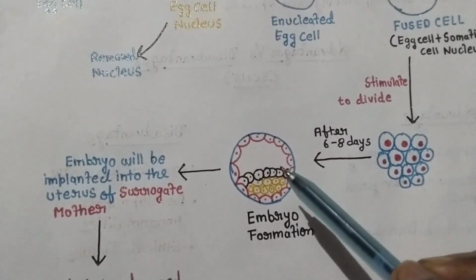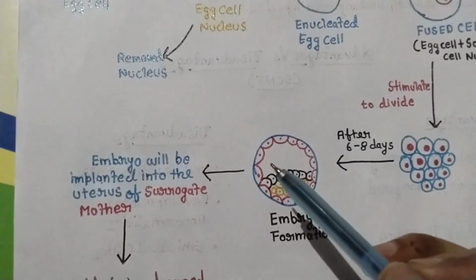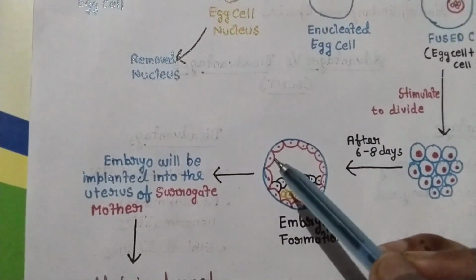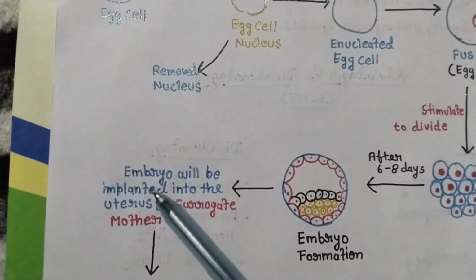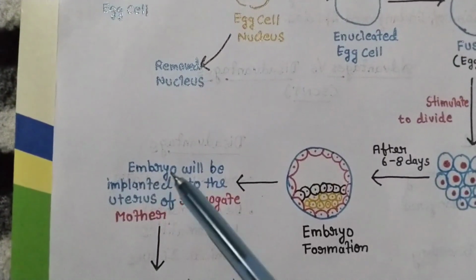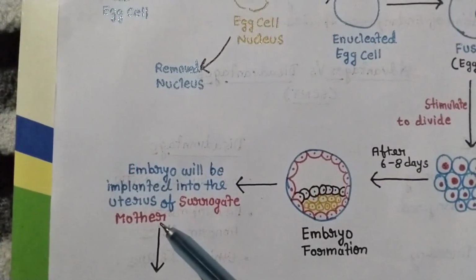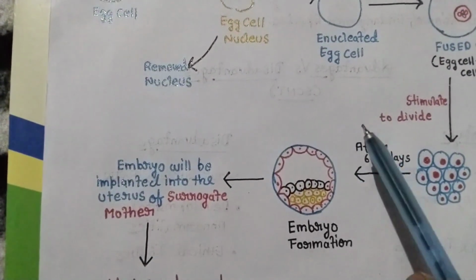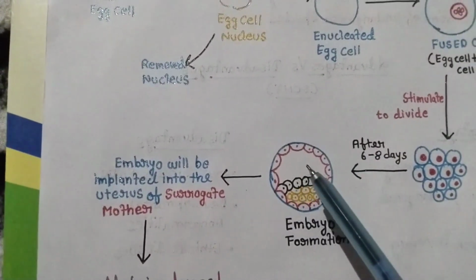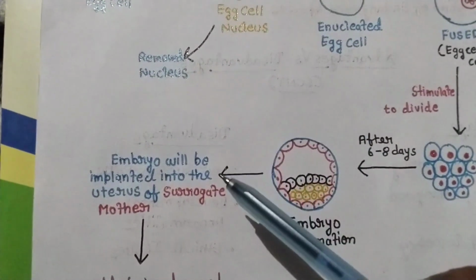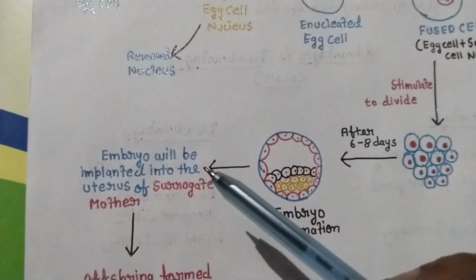Now, this embryo will be implanted into the uterus of the surrogate mother. When the embryo is formed after 6 to 8 days, it is implanted into the uterus of that surrogate mother.